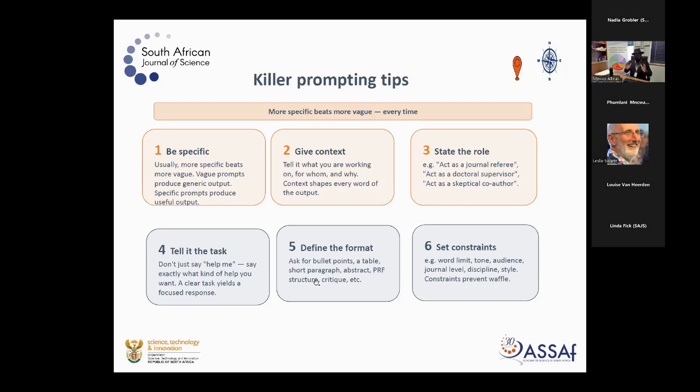Be specific and also set some constraints. And this is the bounded use of AI, because sometimes over-reliance on AI can weaken your scholarly contribution. So as an author, please make sure. These are some of the killer prompting tips that I would want to share with you.